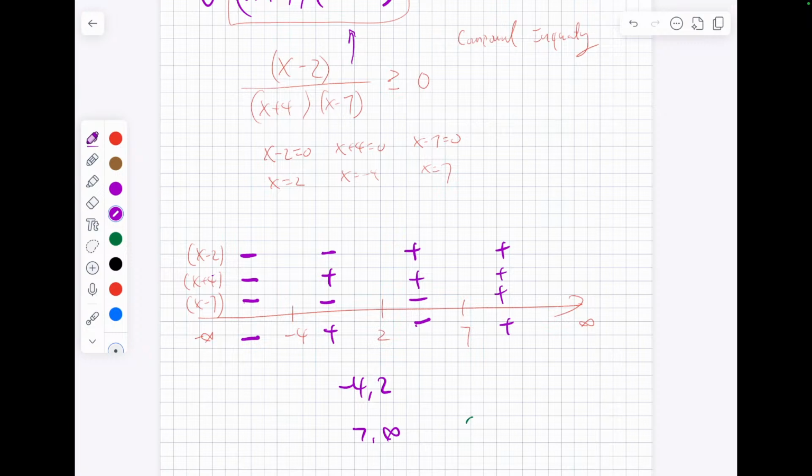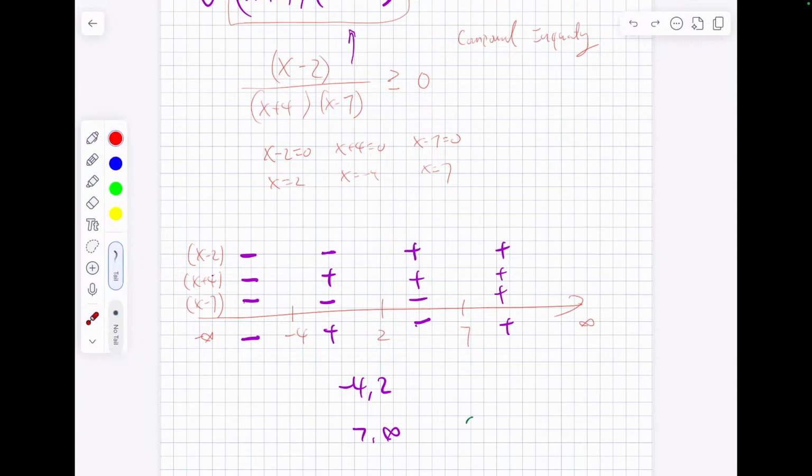Why is negative 4 not included? Because the denominator is going to be 0. What happens when the denominator equals 0? It's undefined. Remember, if I plug in negative 4 here, I'm going to get 0, and 0 times anything is 0. So it's going to be some number over 0. That's undefined.